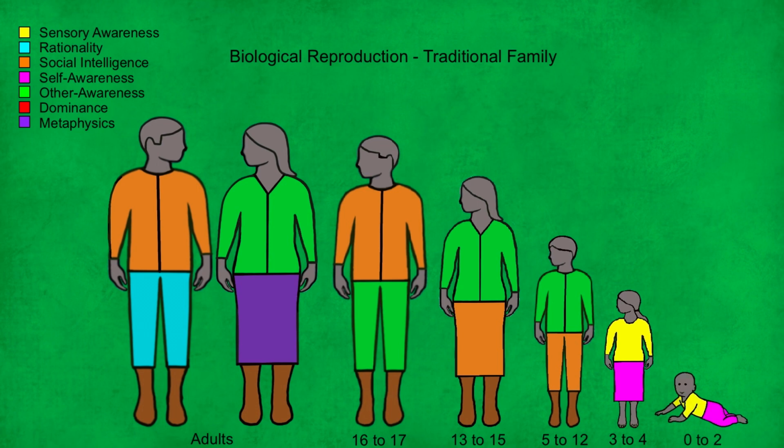What neurochemical preferences newborns inherit, and how those preferences change throughout the child's life, is one of the central concerns of this computer simulation, and will be an area of extensive research and experimentation in later stages. But for the time being, we'll just assume that all newborns have strong neurochemical preferences for self-awareness and sensory awareness.